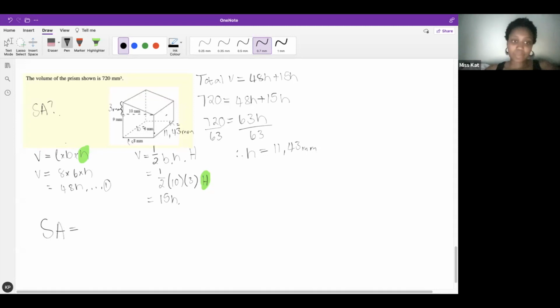So we're going to have 2 times length times breadth because it's going to be the ones in front and the one at the back. Plus 2 times the ones on the sides, which are breadth times height. Plus this time we're not going to say 2 times because it's just the one at the bottom, right? And that's length times height.